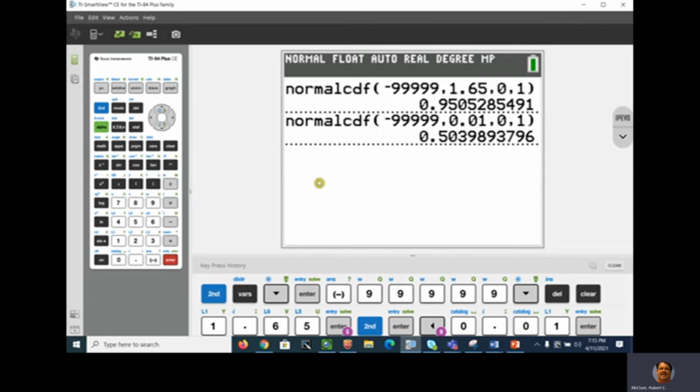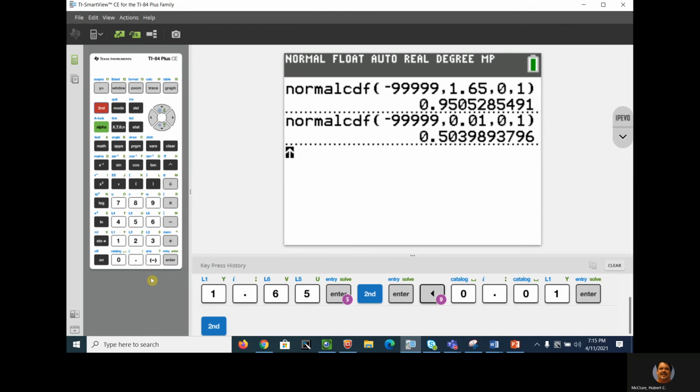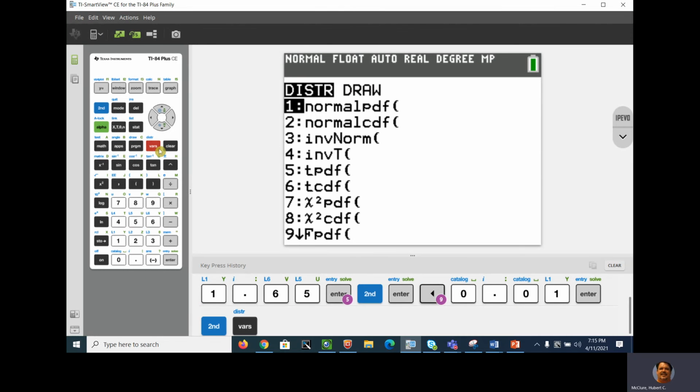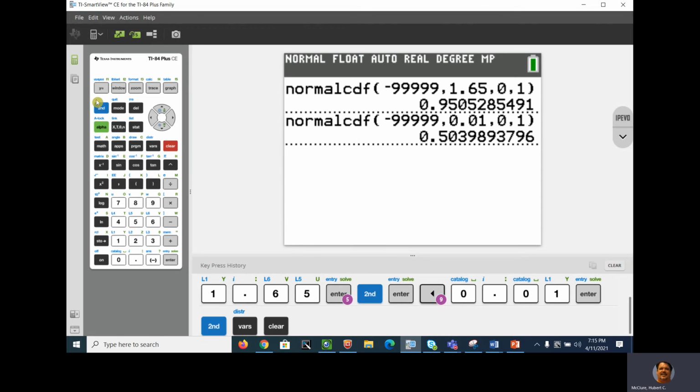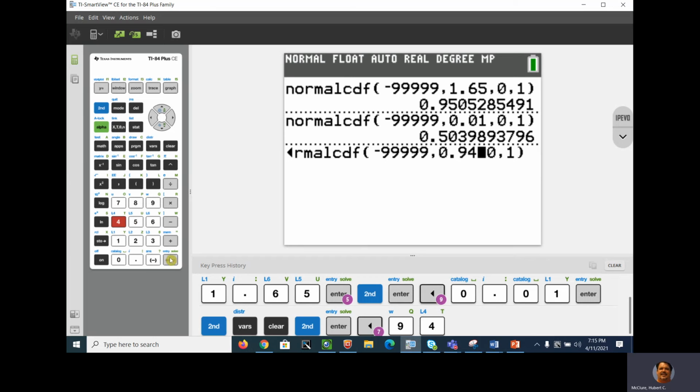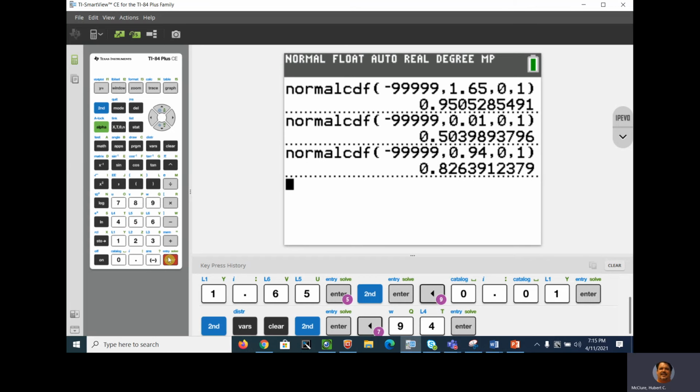But by the calculator, second vars. Ooh, I didn't mean to do that. Second, enter, and I change that 0.01 to 0.94, and enter. 0.8264. And that is the area in that blue area.